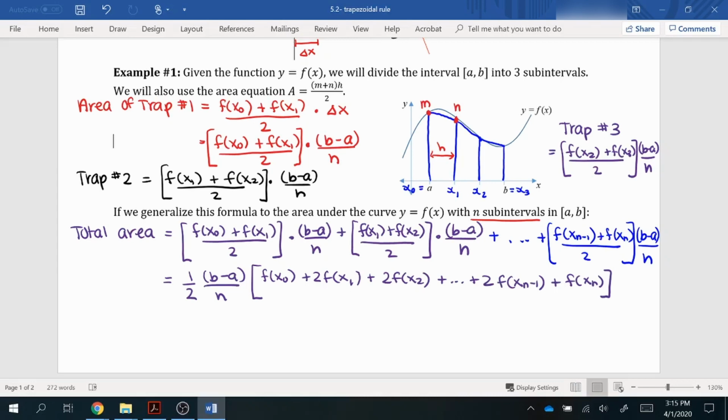In other words, we can write this as 1 over 2 times b minus a over n times f of x0 plus f of xn plus the sum from i equals 1 to n minus 1 of 2 f of xi.